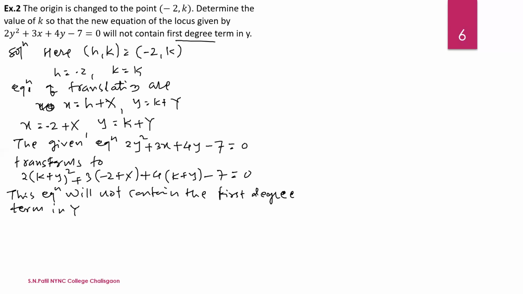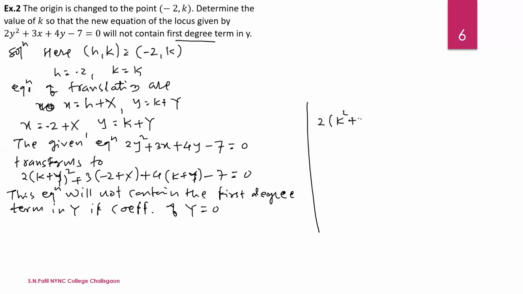Here Y is capital Y, because we transformed small y to k plus Y. If the coefficient of capital Y is equal to 0, now we construct the capital Y here, this is k plus Y.